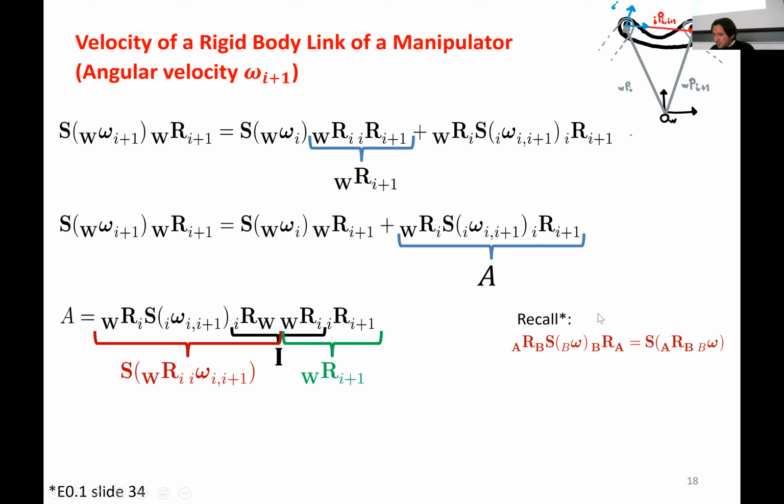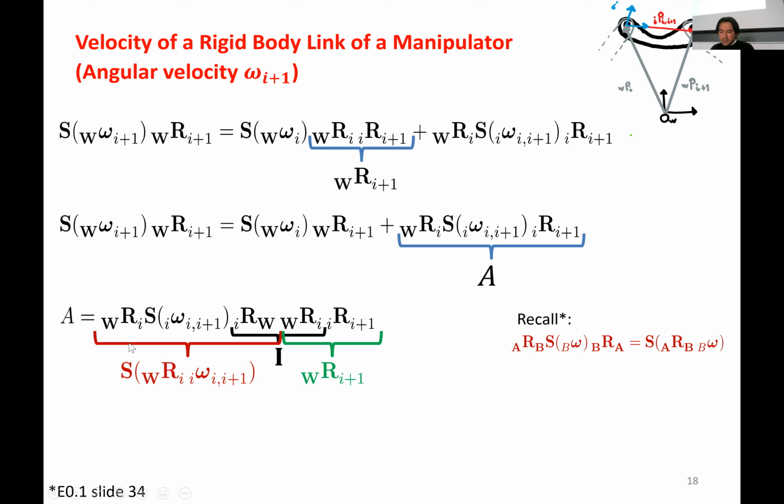Now, let me point you to this property on the right: if you have a skew symmetric matrix of an omega vector multiplied in between R and R transpose, you can actually put R inside of the skew symmetric operator, and it's basically equivalent to transforming the inside vector with respect to the frame of the vector inside of the skew symmetric operator.